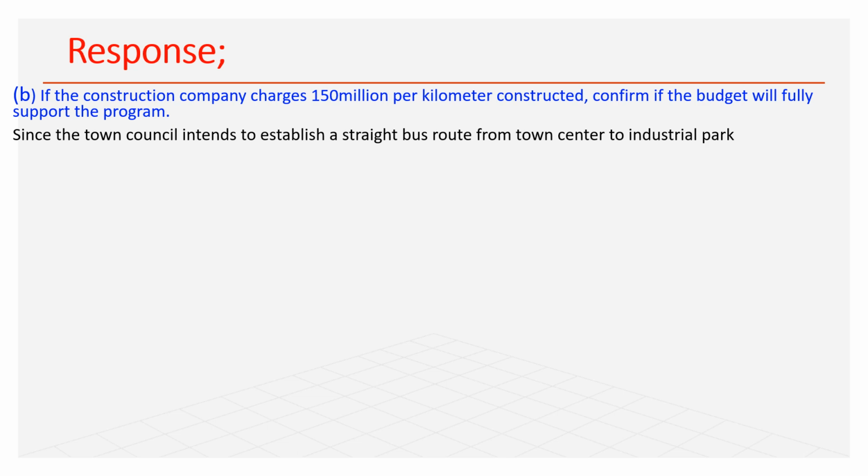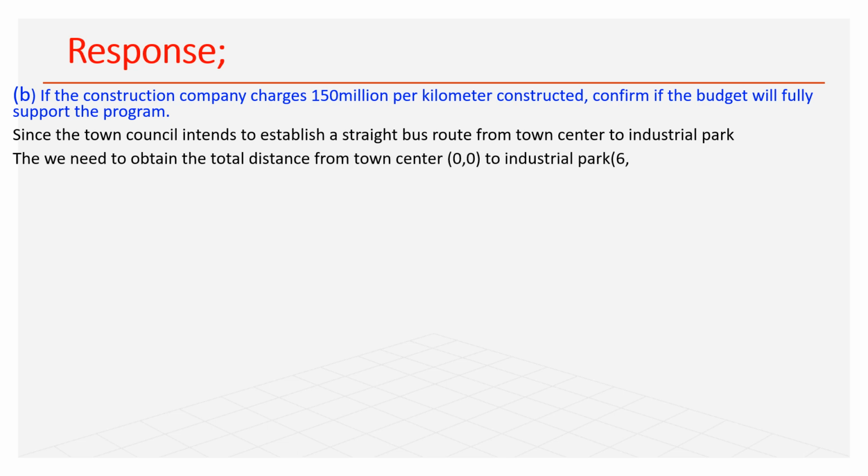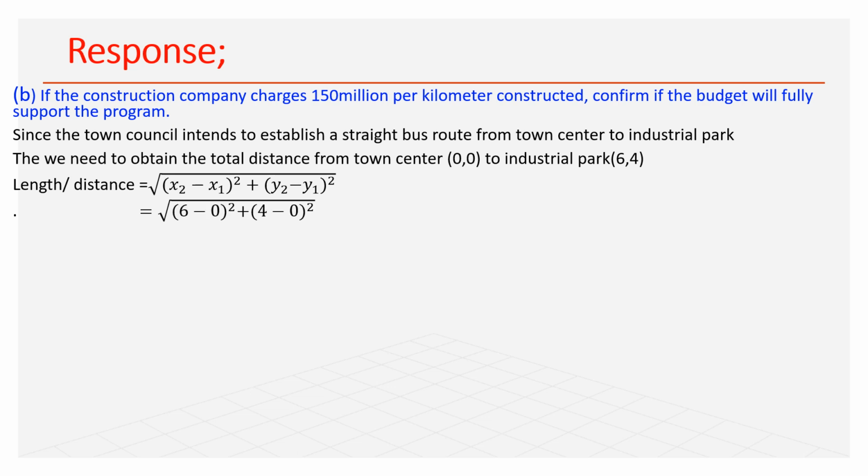And remember, they are intending to establish a straight bus route from town to industrial park, and you've seen it when you plot it on a graph paper. So we need to get the distance from 0 to the industrial park, and that one is a walkover now. Just substitute in our equation, and that will give us square root of 52 kilometers.